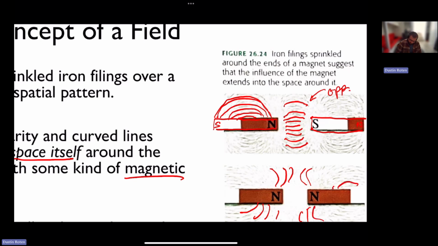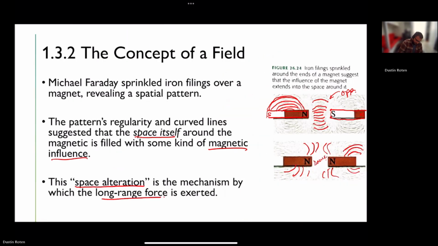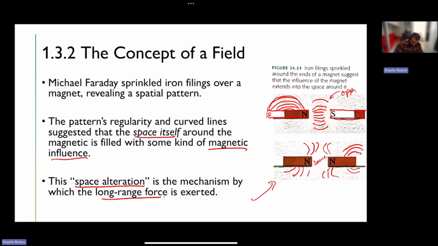But in the end, they would still reach back to their south pole. So these would be like poles or the same poles. So the whole idea here is that the space, which would be here, is filled with some sort of force, and these magnets are interacting with that alteration in space.